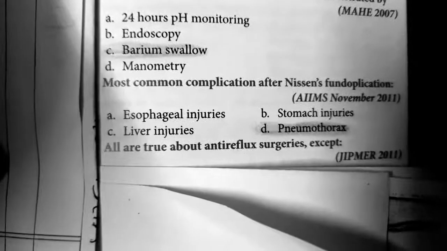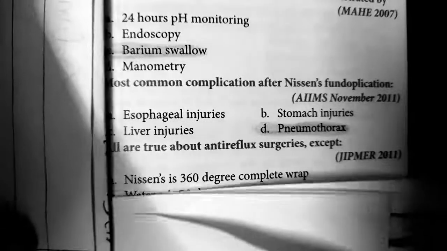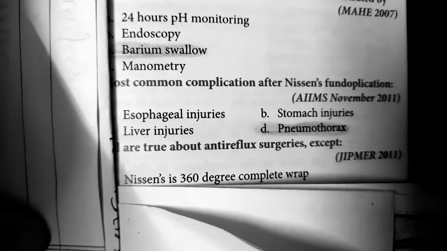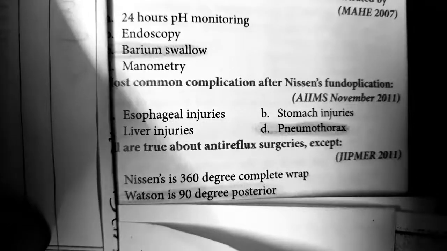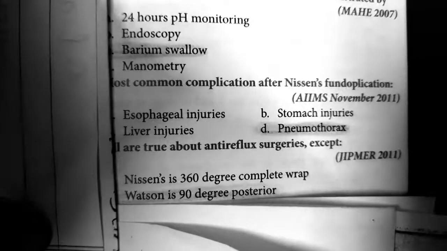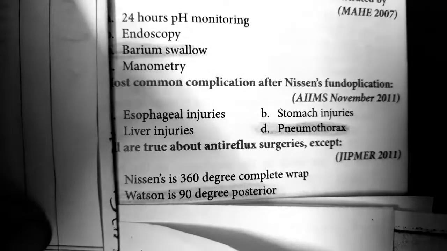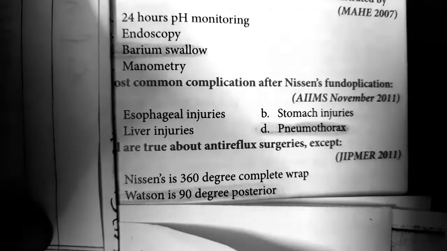Then, anti-reflux surgeries. All are true about anti-reflux surgeries except. So we will see the options. Nissen's fundoplication is a 360 degree complete wrap. True. Then Watson's is 90 degrees, not posterior. It is an anterior wrap. A is for anterior.